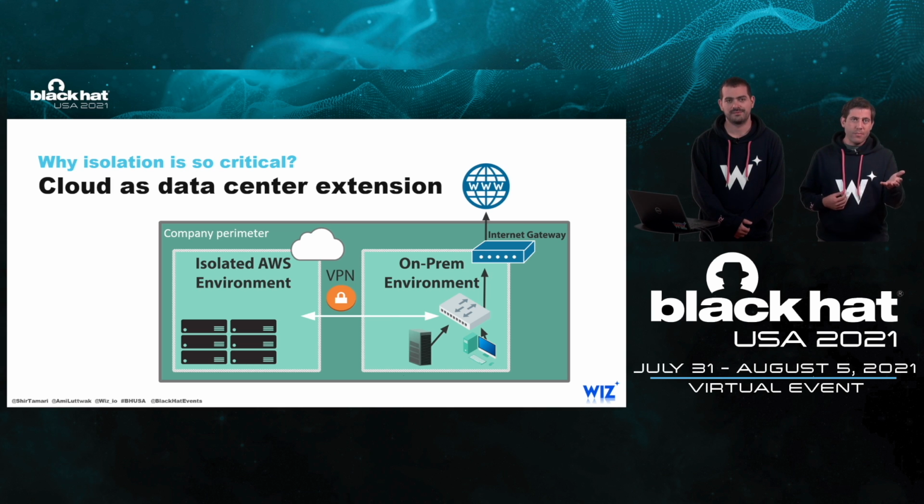The cloud environment has some kind of a VPN connection to the on-premise, but the company didn't change their strategy. There's a corporate perimeter that is protected by a gateway. And the basic security strategy the company has is that all traffic going outside of the company must go through the gateway. And that is how they make sure that no one is able to leak data from the organization.